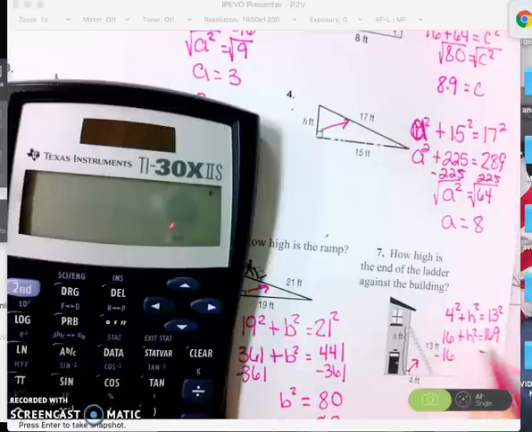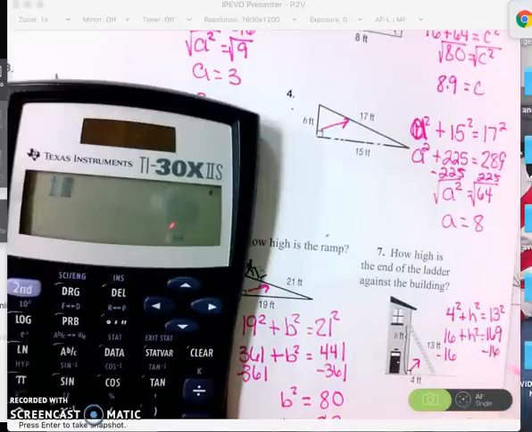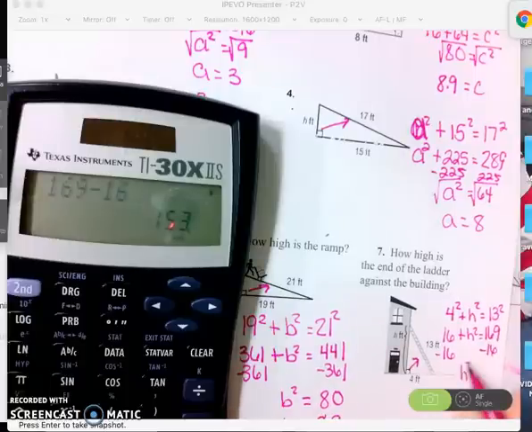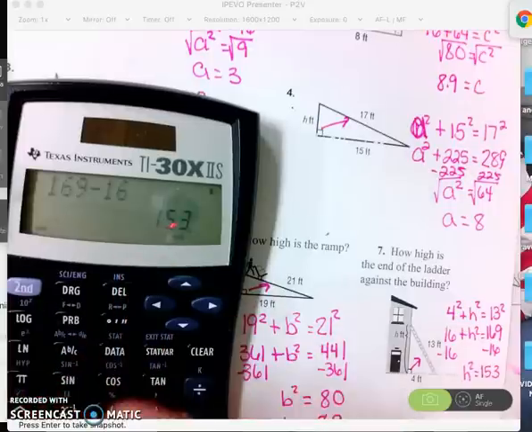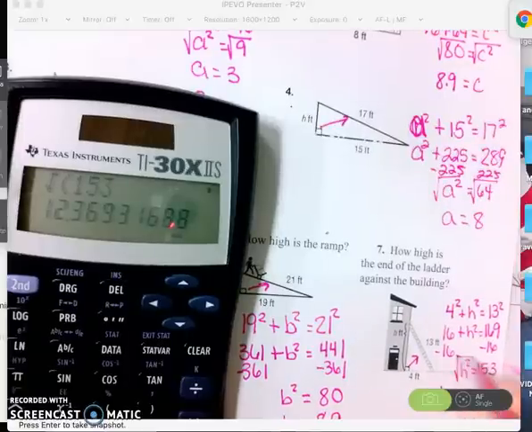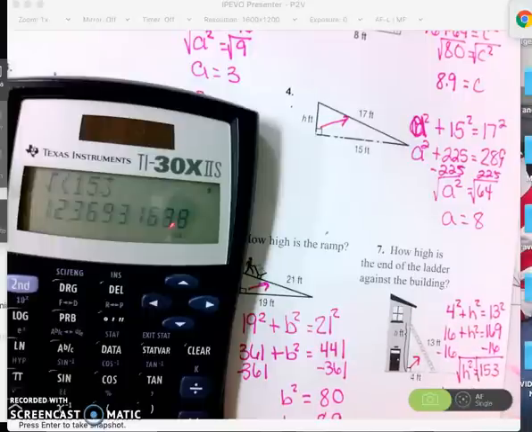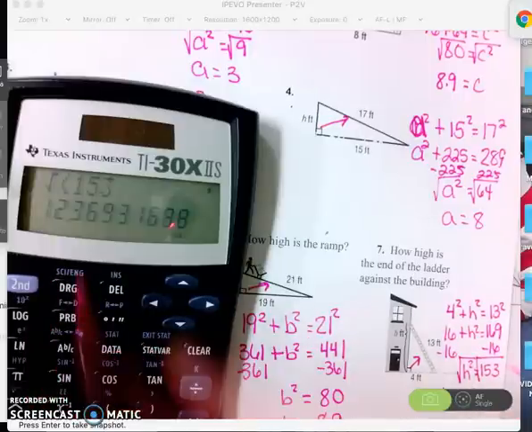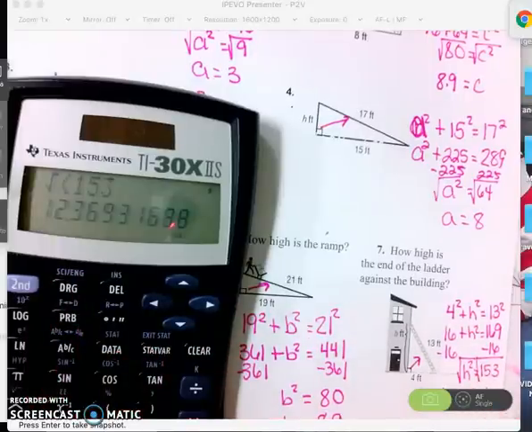Subtract 16 from both sides. 169 minus 16. So h squared equals 153. Find the square root of 153. So h, I want to show my work. h is equal to 12.36. Because I have 0.36, I'm going to round it to 12.4.